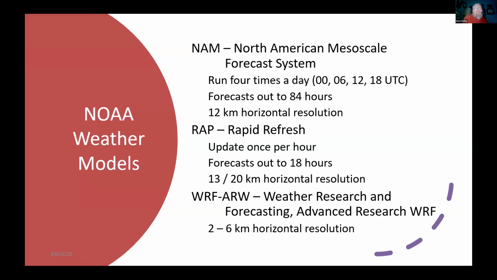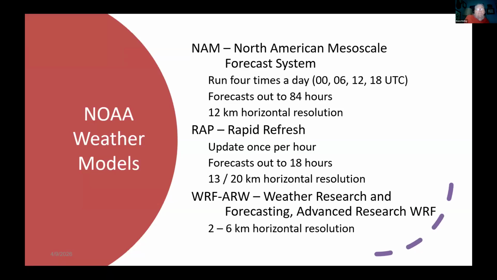So our weather models: there's the NAM, the North American Mesoscale Forecast, which is run 4 times a day. The Rapid Refresh, which I think has been replaced by the High Resolution Rapid Refresh.